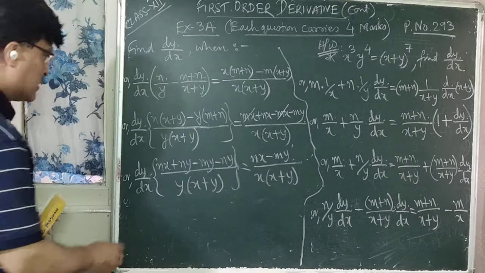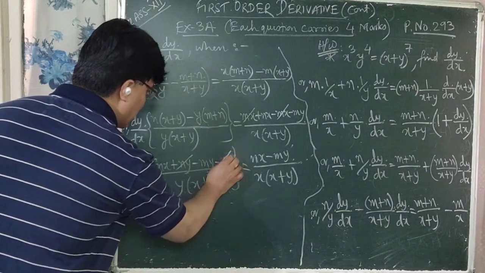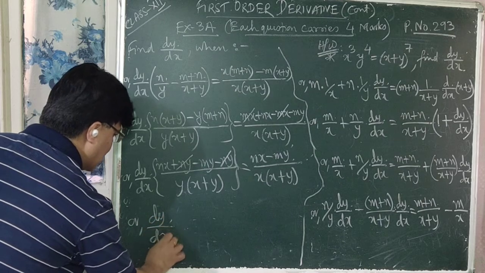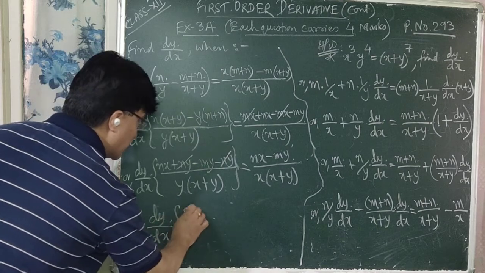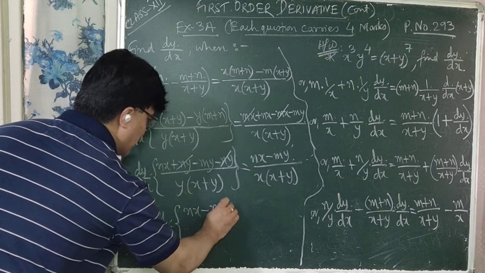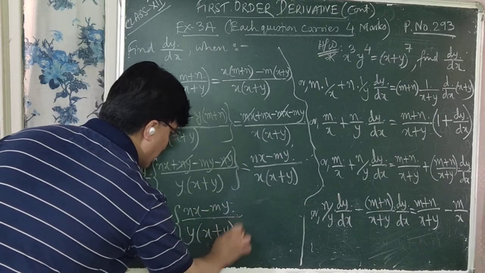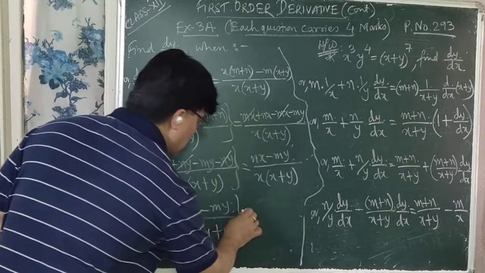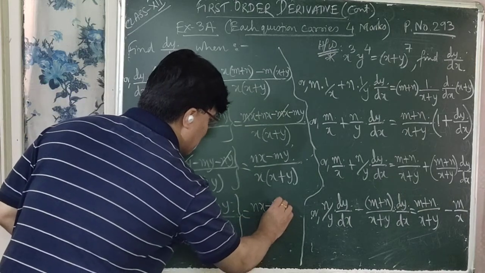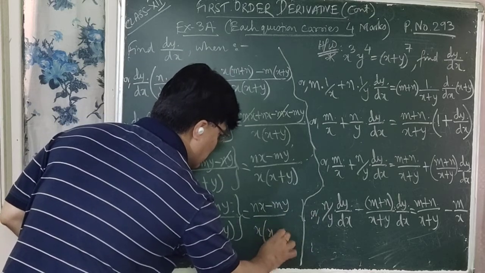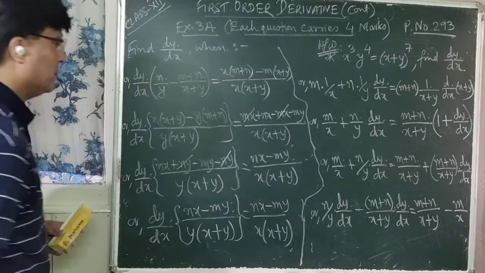Clear? Next, here you can cancel, ny gets cancelled. Or what is the value for dy by dx here? It is in the numerator we have nx minus my divided by y into x plus y. Second bracket is closed, is equal to nx minus my divided by x into x plus y.